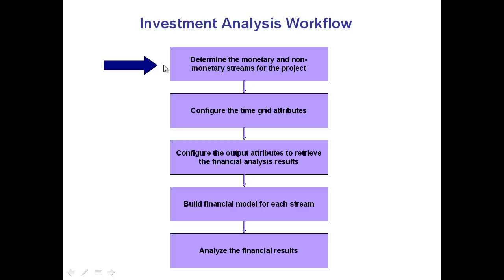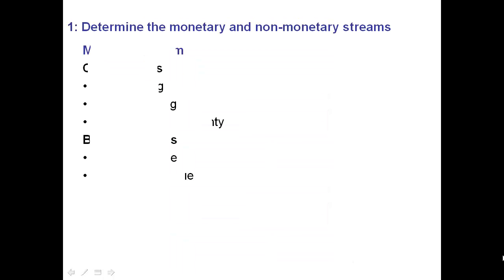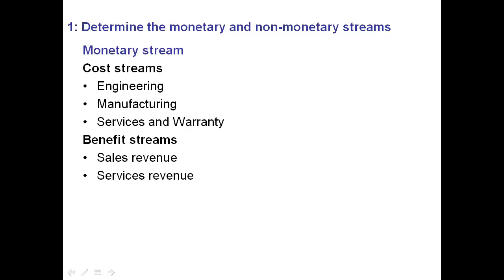To build a financial model in Rational Focal Point, the first step is to determine the monetary and the non-monetary streams for the project. In this project, we can consider some of these non-monetary and monetary streams. The monetary stream would include the cost and the benefit streams. The cost streams can include the engineering, manufacturing, services and warranty streams.